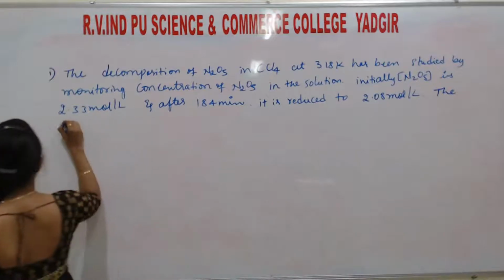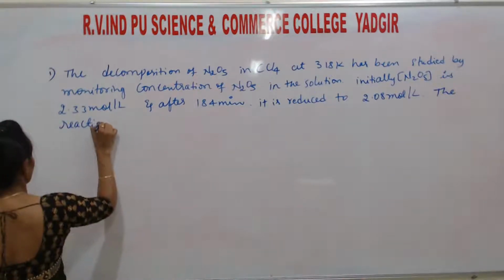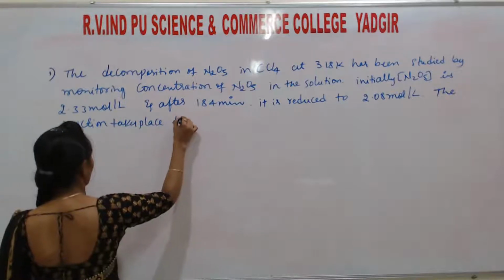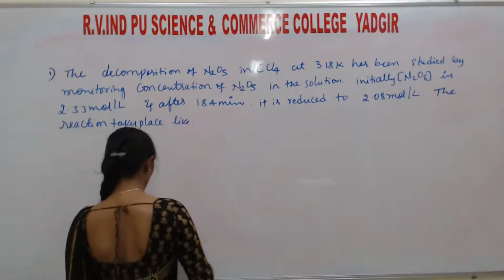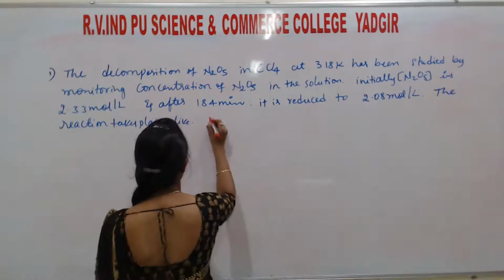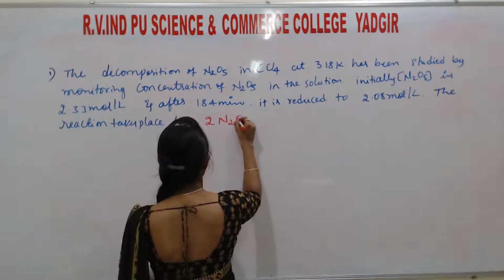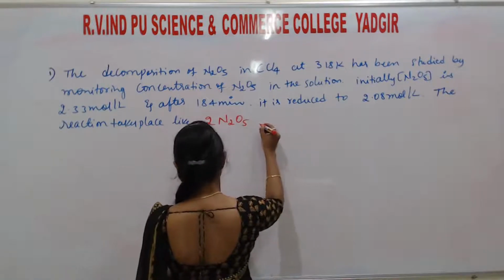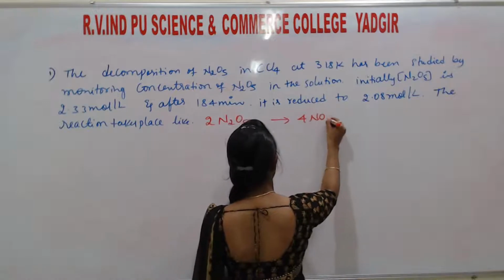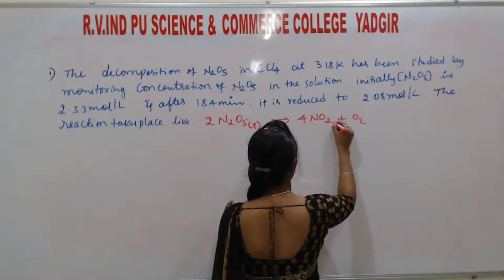The reaction takes place like 2N2O5 gives rise to 4NO2 plus O2.